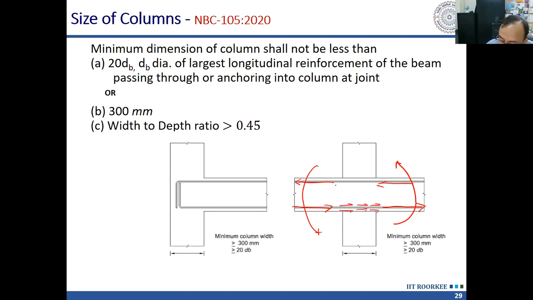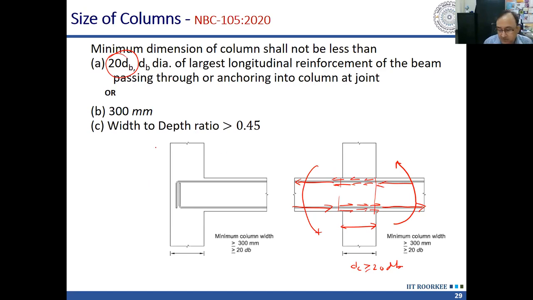Here, large bond stress is going to occur here. And if this dimension of the column is not adequate where the anchorage is provided, this bar will slip inside the column. That's why there is a requirement of 20 times diameter on this depth of the column. This should be greater than 20 times diameter.